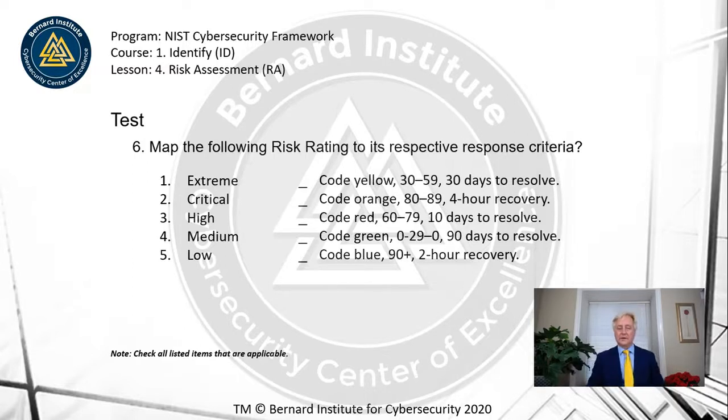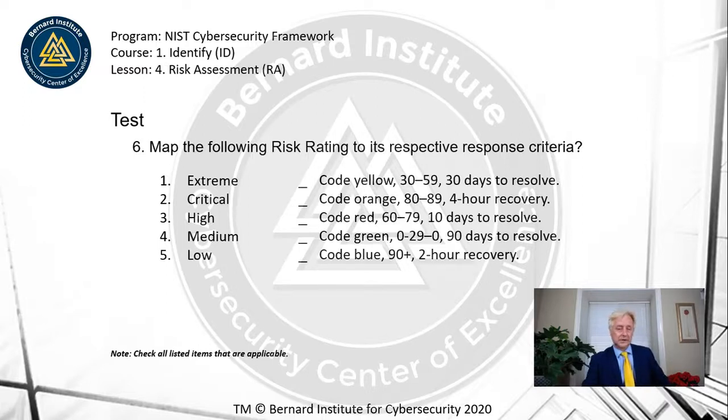Question 6. Map the following risk ratings to its respective response criteria. So remember I mentioned there's 5 scales. We went over that. We went over the colors and the risk ratings and the service level objectives of how many days it takes to respond or recover from one of these incidents. So where does extreme fit in?